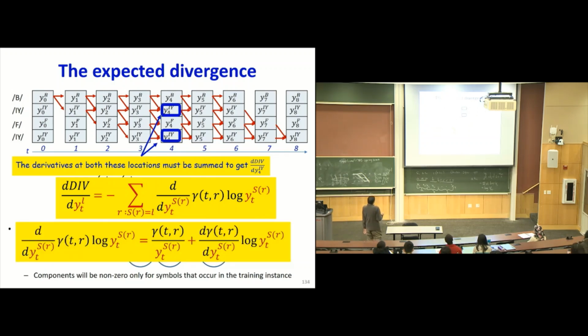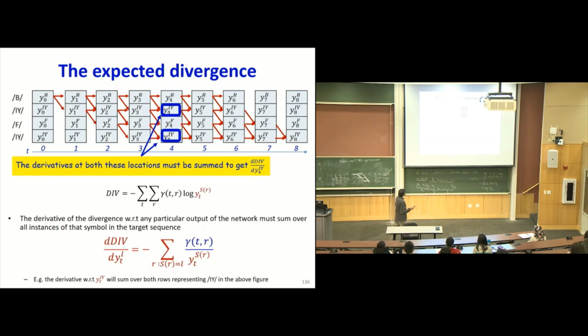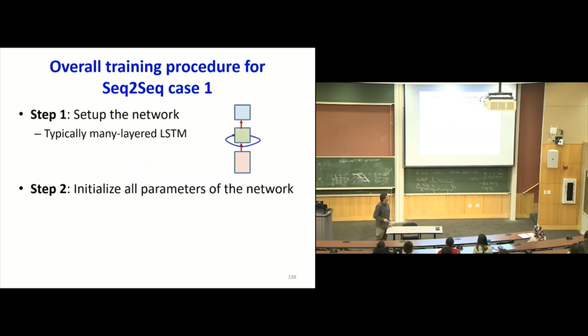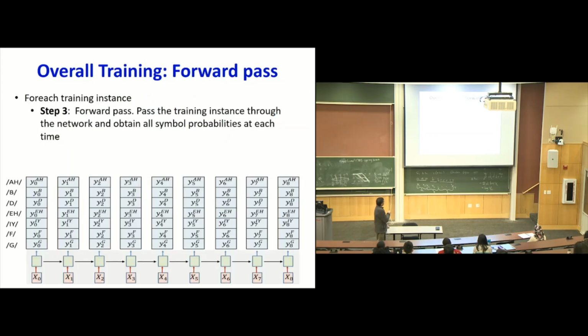So the overall process is going to look something like this. You're given an input and output sequence without alignment. We have to train the models. So you set up the network, typically a many-layered LSTM. You initialize all the parameters. You compose this graph. First, you pass the training instance through the network and compute the probabilities for all the symbols at each time.